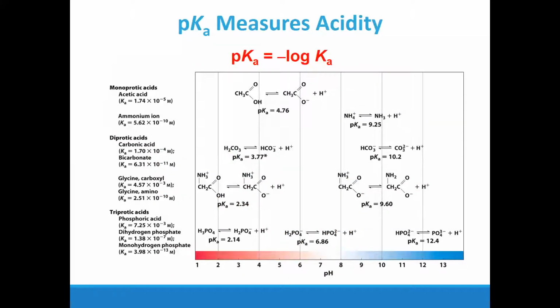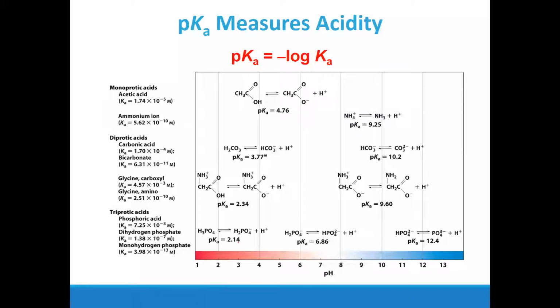So to just visualize this on a chart, here are some pKa's of different molecules, and also the appropriate pH at the bottom scale at which they dissociate. So here's a scale of pH, and here is the pKa of the actual compound.